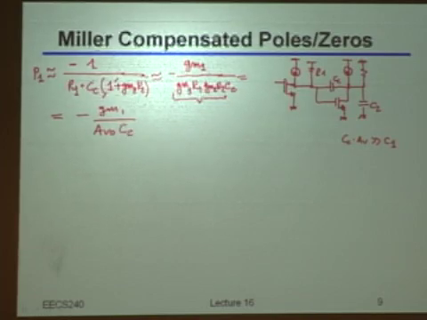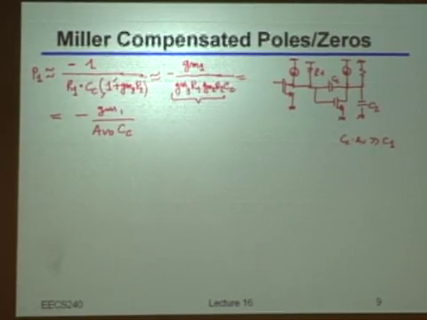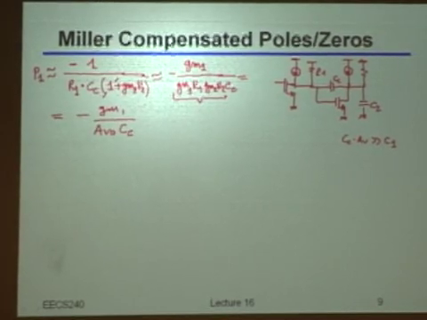So this expression tells me almost immediately what happens if I tie this amplifier in a loop, because I know this is the dominant pole. What would be the bandwidth if I have a feedback gain of F? What would be the new bandwidth of the system in closed loop?